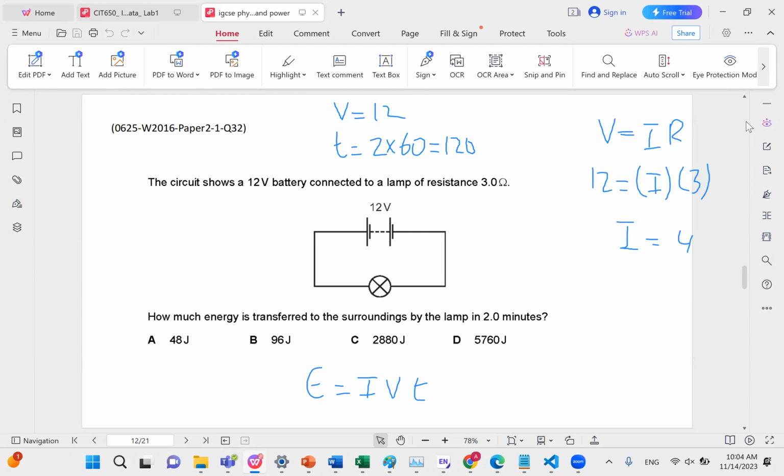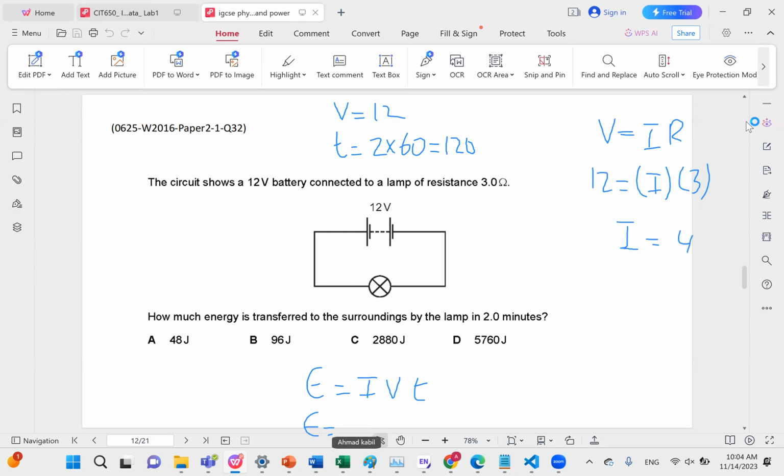So the energy here would be 4 instead of current, 12 instead of voltage, and 120 instead of time. So we just use our calculators, 4 times 12 times 120, and that gives us 5,760 joules.